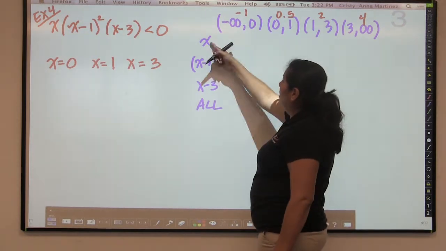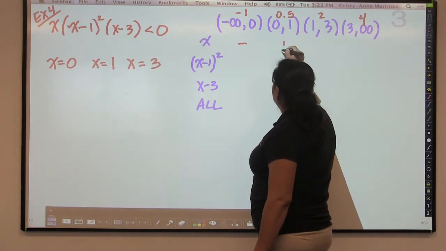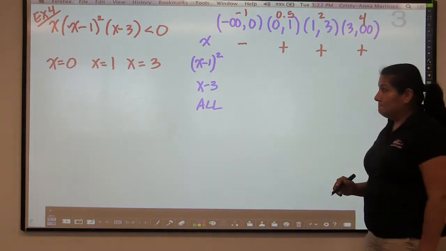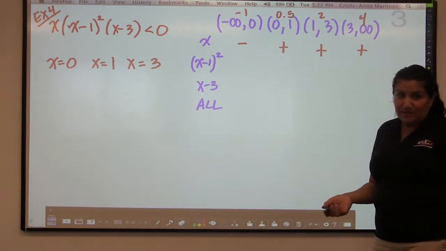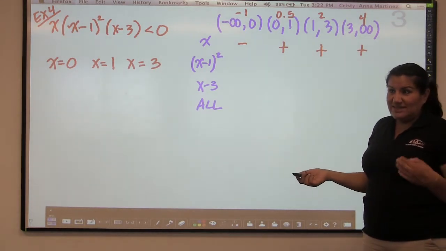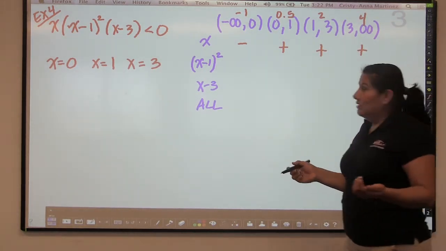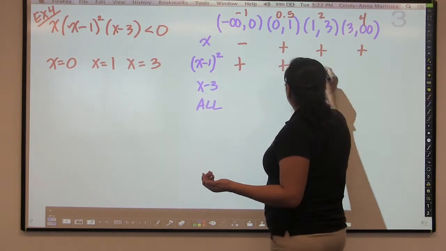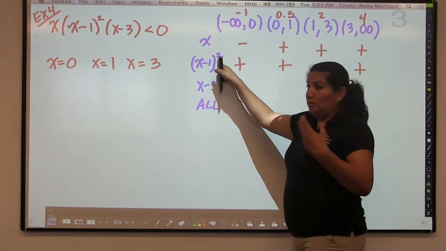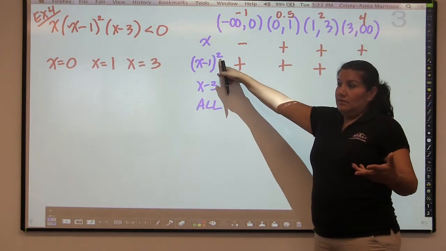So -1 would be negative. That's obviously positive, positive, positive for the x. The next one is kind of funny because it's squared. So when you square something, even if it's negative, what happens to it? It becomes positive. These are all positives, because even if this number is negative, when you square it, it will become positive, right?